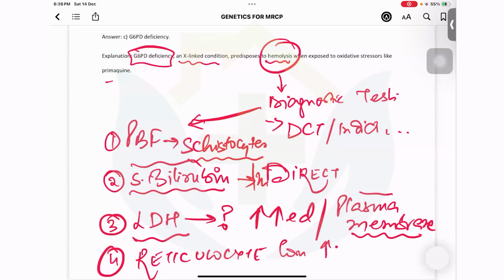Indirect is before glucuronidation, direct is after glucuronidation. So, indirect hyperbilirubinemia will be there. And when the hemolysis happens, a protein is consumed. Which protein?